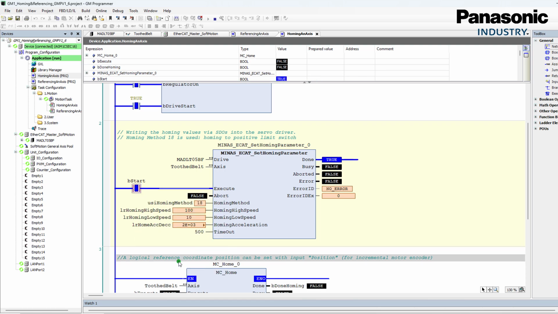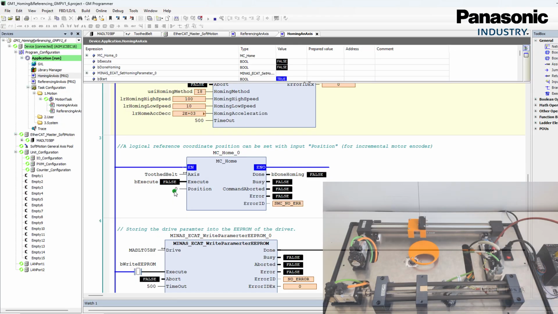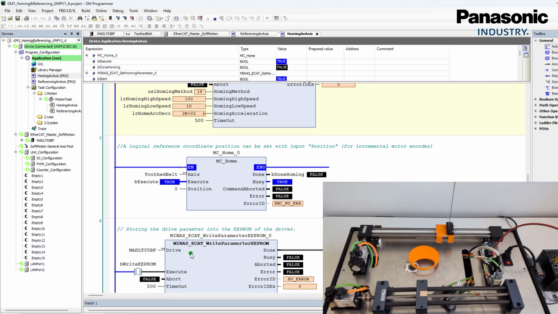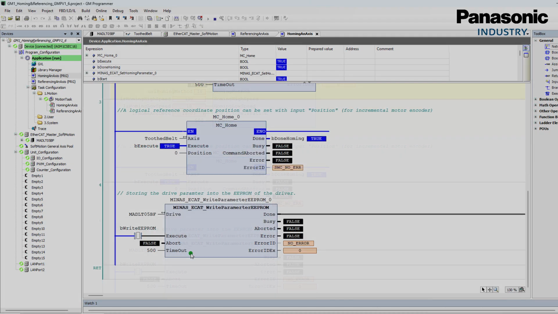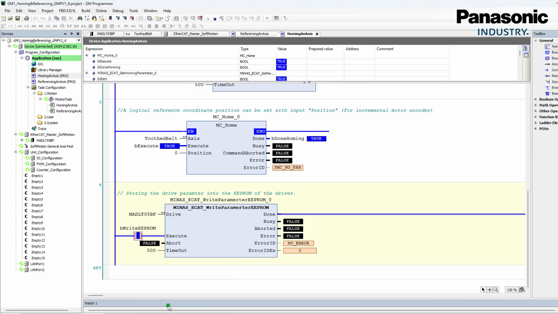Once the axis reaches the mechanical reference position, in our case the limit sensor, the homing is complete. At this point, the done bit of MC_home becomes true. To make sure the homing data is retained after a power cycle, we save the parameters to the driver's EEPROM.